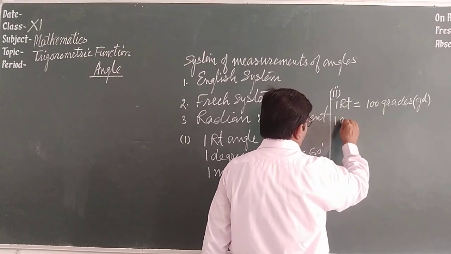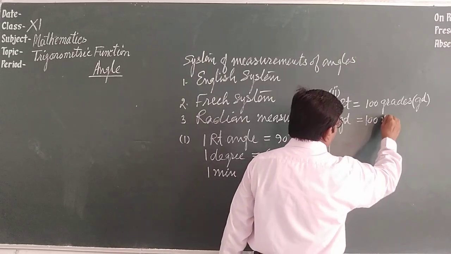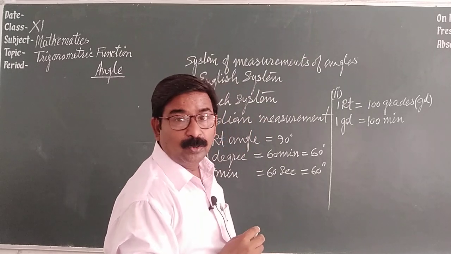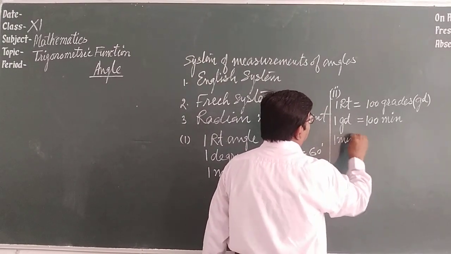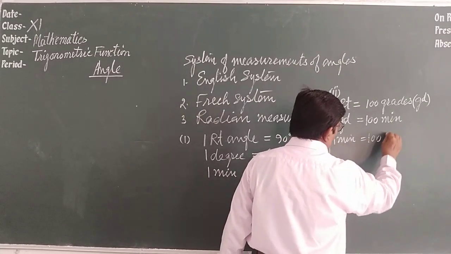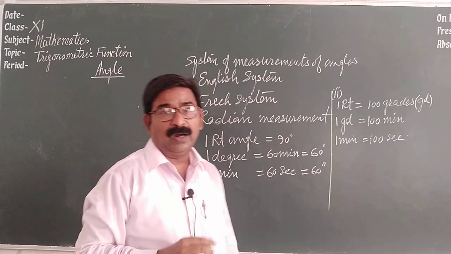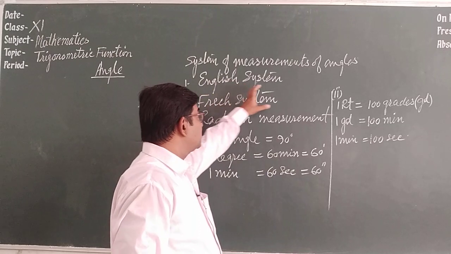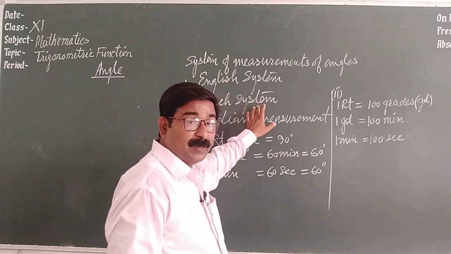One grade is equal to 100 minutes, and 1 minute is equal to 100 seconds. So this is the difference between English system or Indian system of measurement and French system of measurement.